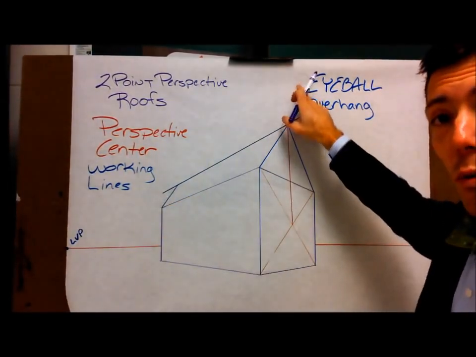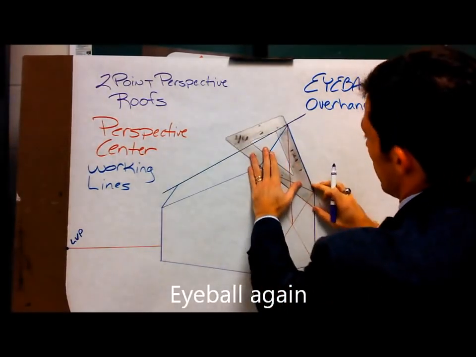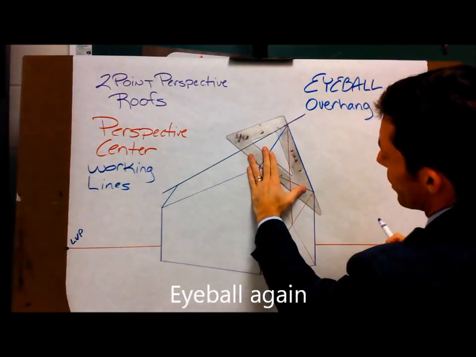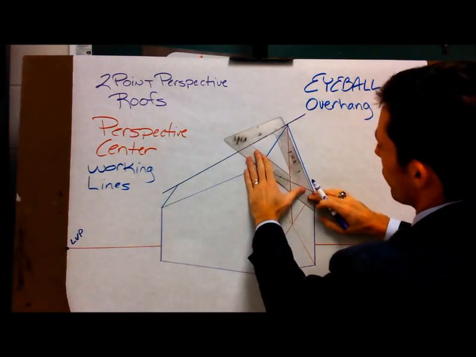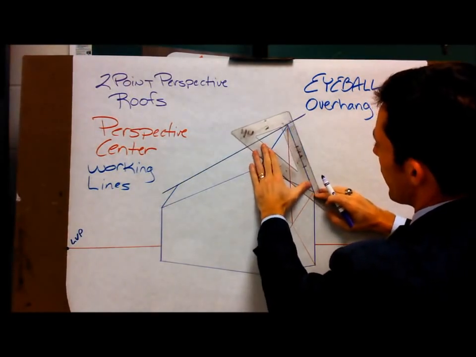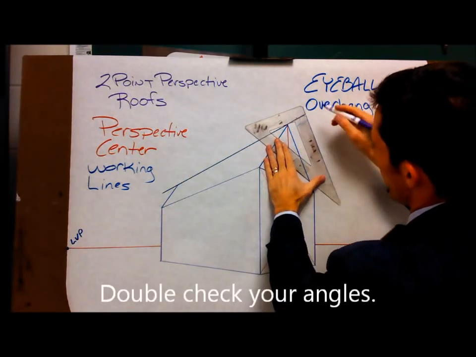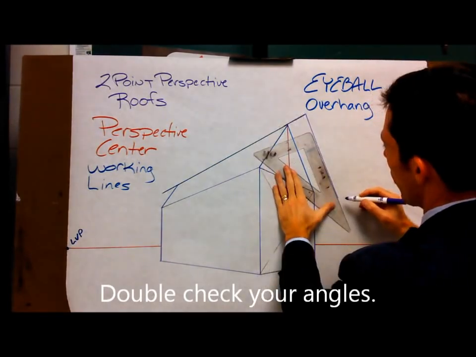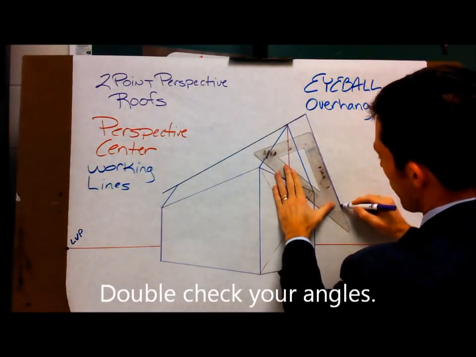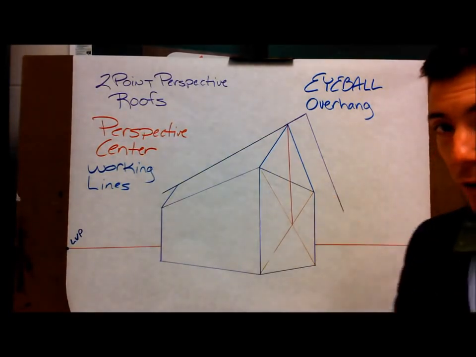We're again going to use the word eyeball. On one side of our roof, we're going to line up with our initial angle, and slide that out. You can check my angles as I'm going, nice and gentle, and I'm going to drop that down pretty low because I know that my roof line is going to hang over the corner of my building.